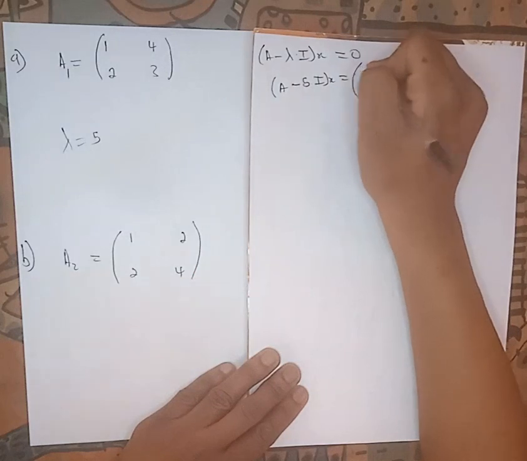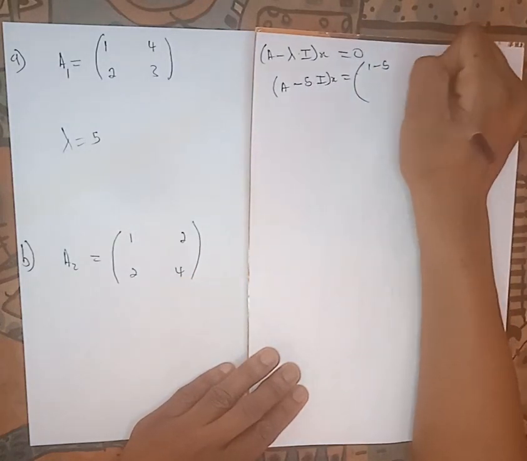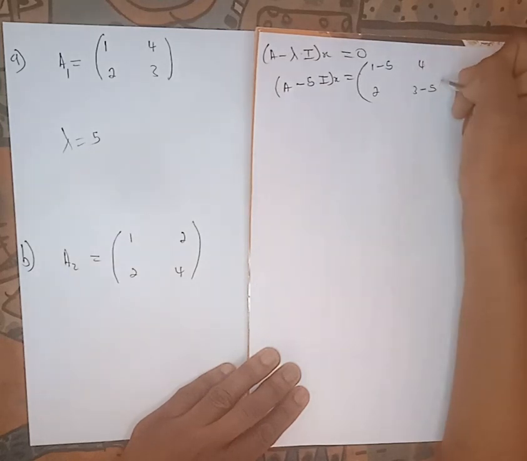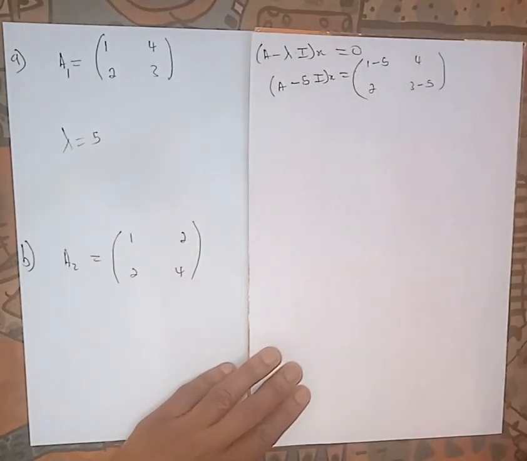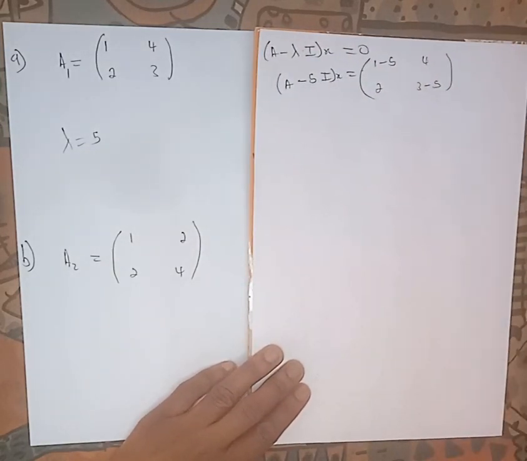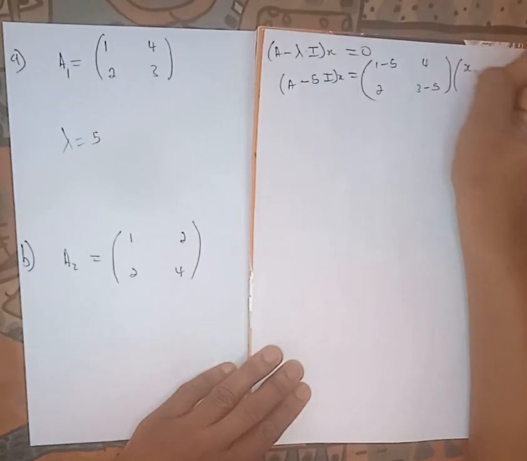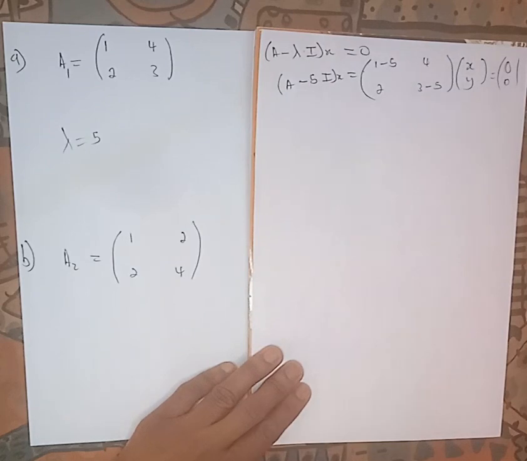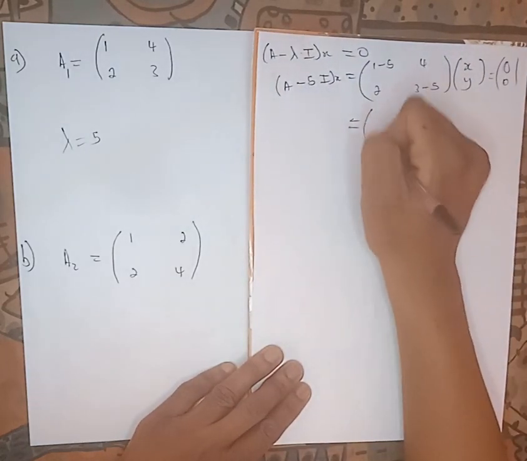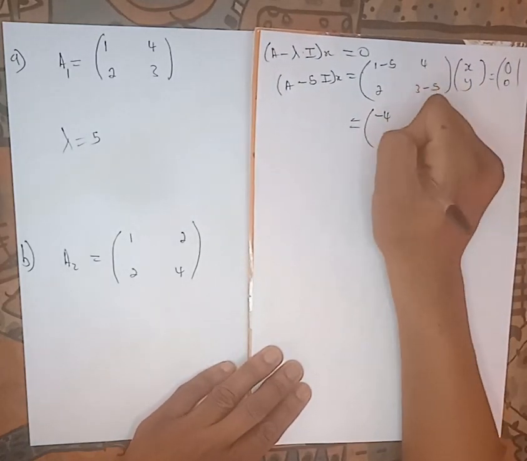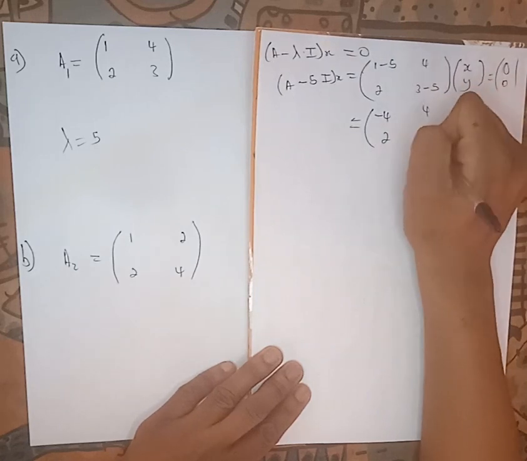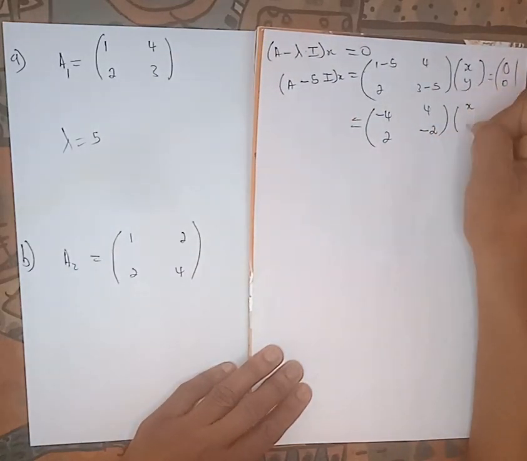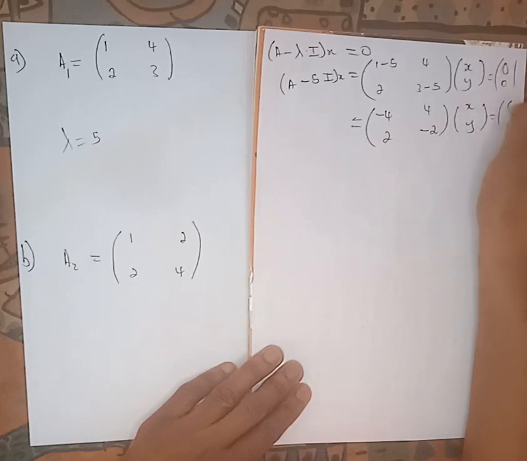So it will be 1 minus 5, 4, 2, 3 minus 5, like this, because we are subtracting diagonally. And this will be the same as x y, which is 0 and 0. So simplifying this, it will be minus 4, 2, 4, minus 2, x y, which is 0 and 0.